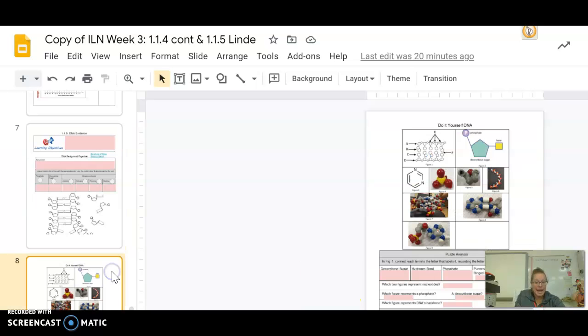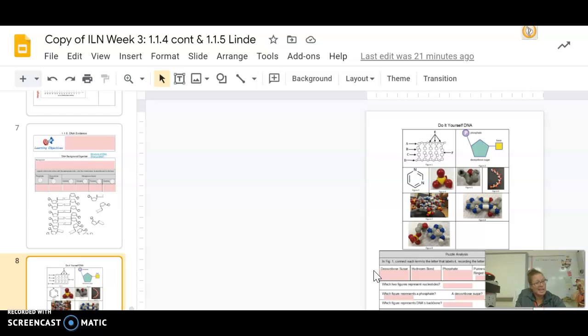When you go to that last page, the one that you need to do before you leave class today, you'll see there are all these pictures. You're going to use these pictures to fill in this information in the box down below. This first row is just looking at figure 1. You're going to determine with figure 1 which letter is pointing to each of these different components, and make sure that makes sense.